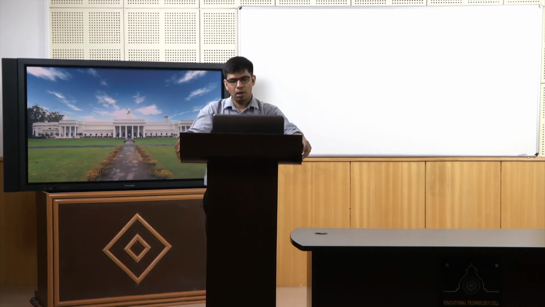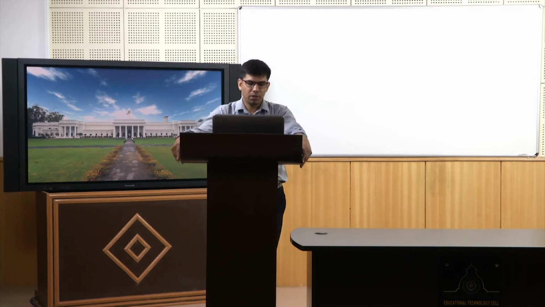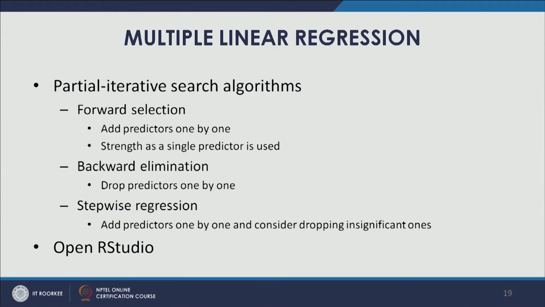There is no obvious limitation of this approach, except that the computational time would be slightly higher in comparison to other partial iterative approaches. The third one is stepwise regression.